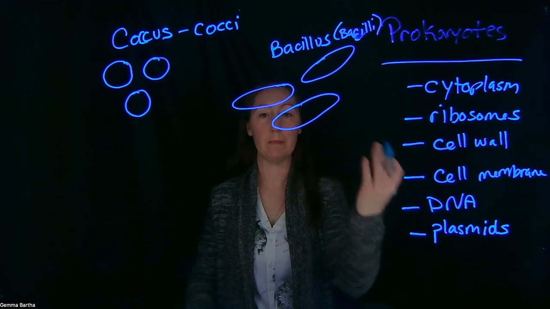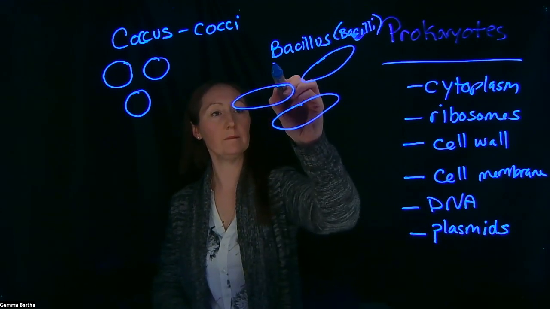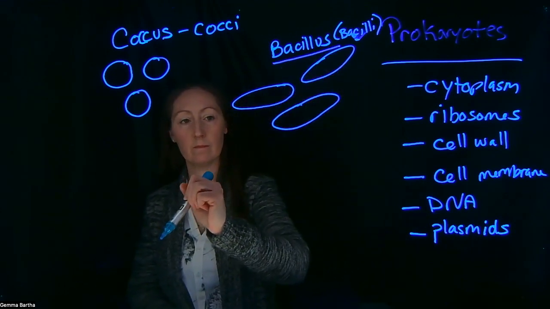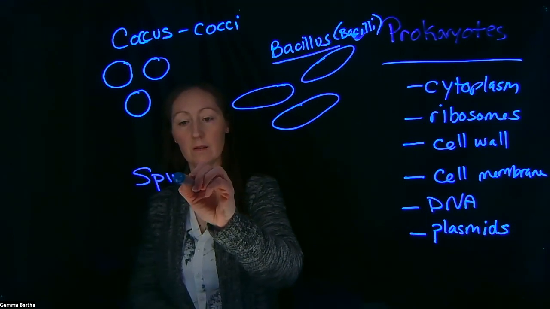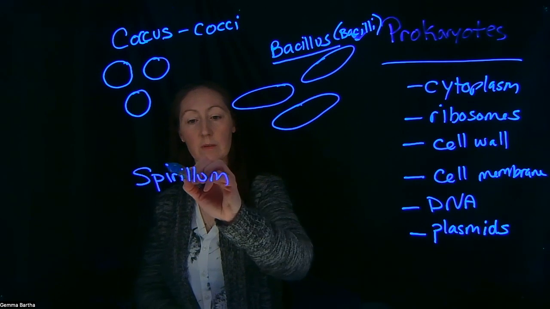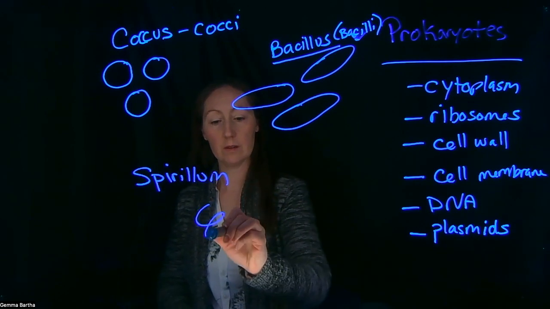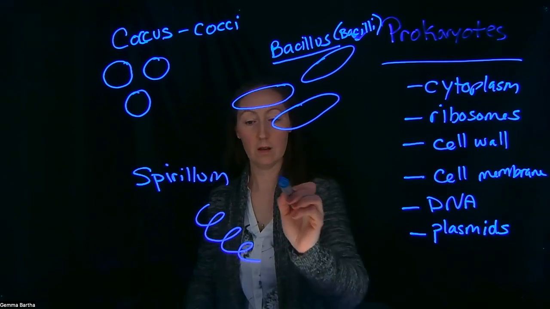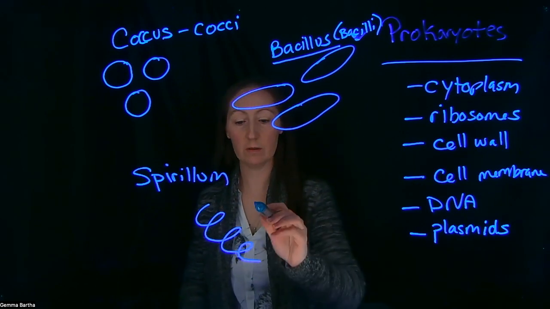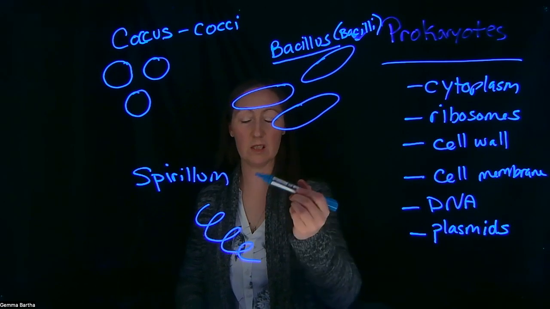And an example of that would be anthrax. And then we have spirillum, and those are more of the corkscrew shape, or spiral shape.